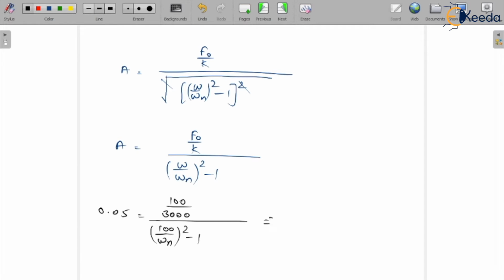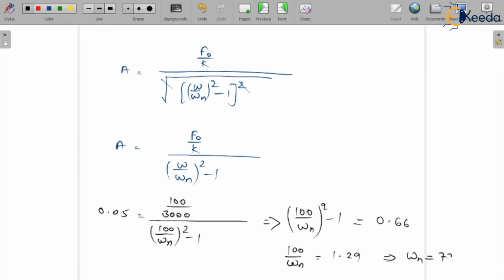So you just have to rearrange this, and you will get the next equation, that is 100 upon omega n square minus 1 would be equal to 0.66. So from here, 100 upon omega n would come out to be 1.29. When you rearrange this, you will get the value of natural frequency.